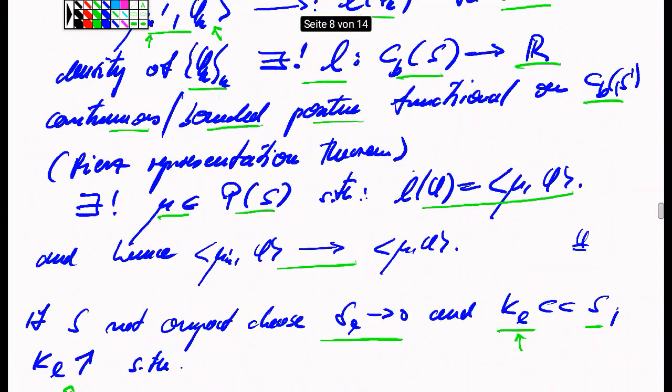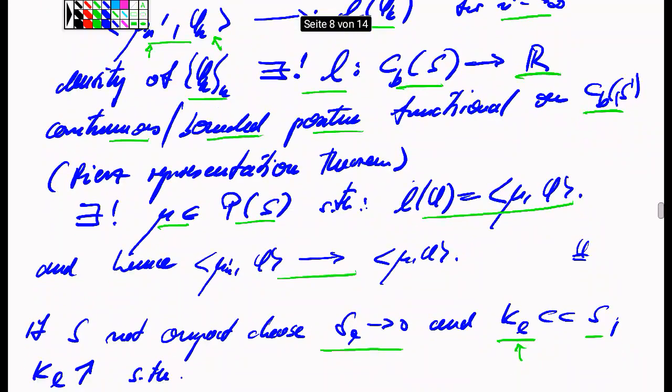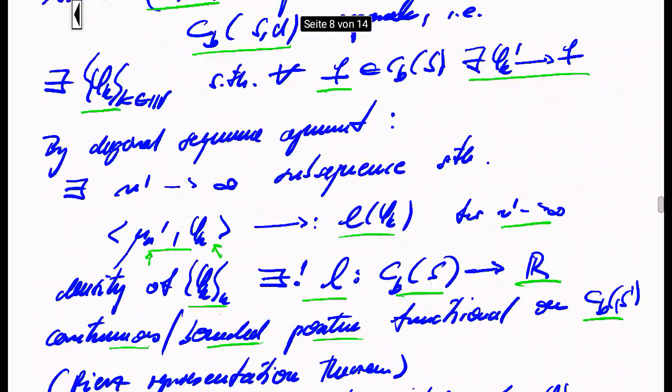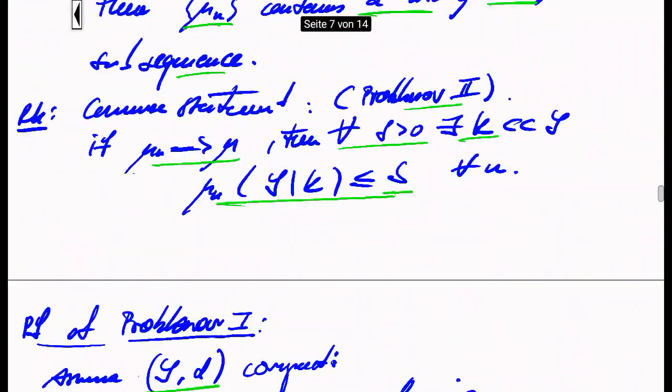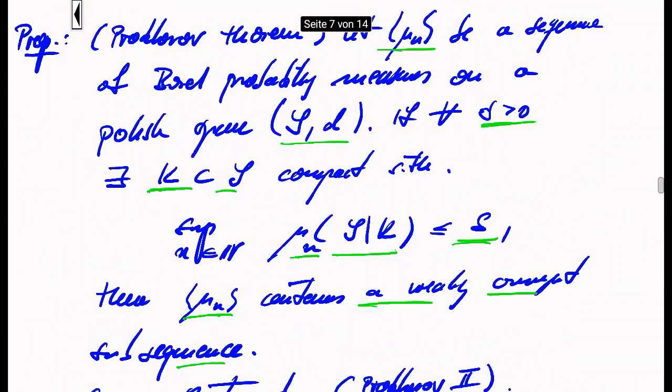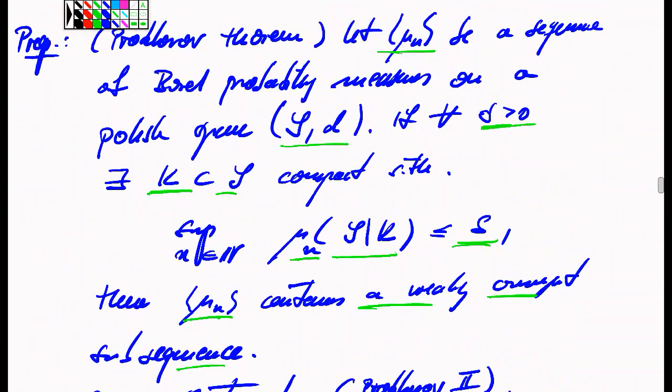Okay. So that proves that if we have such a uniform concentration, if you like, of the sequence of probability measures on a compact set, which was this Prokhorov condition, was this condition here.